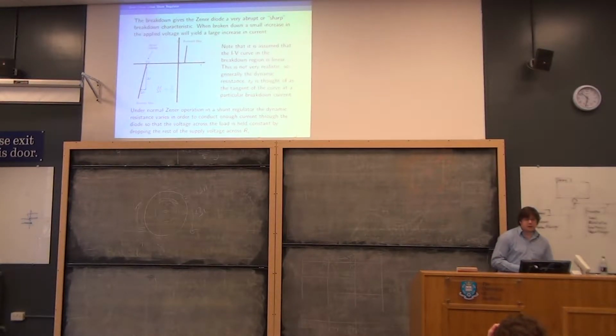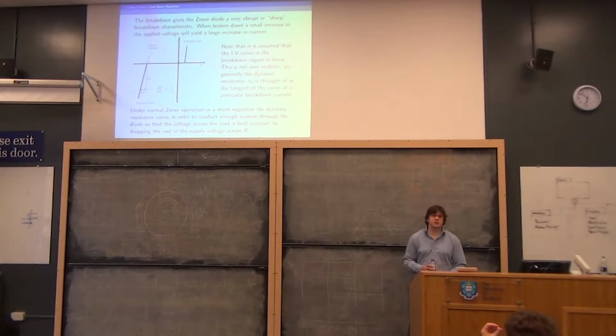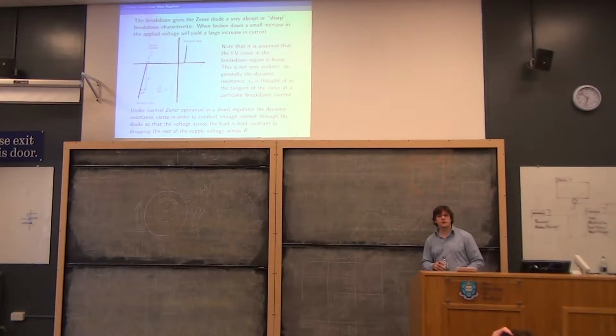We can actually say that that line represents a resistance as well, because Ohm's law says I upon V is conductance, and conductance is 1 over resistance. So we can call that line 1 over resistance. We'll come back to this and it'll be quite useful later.